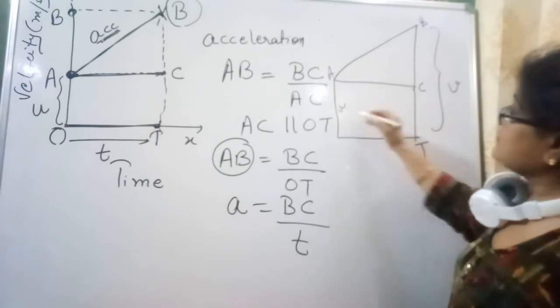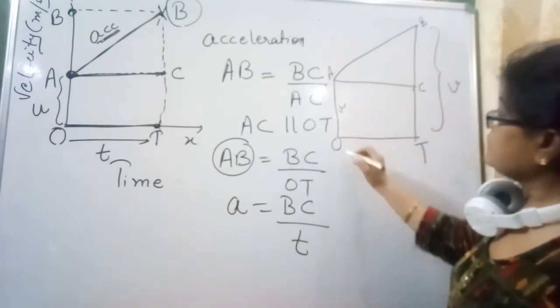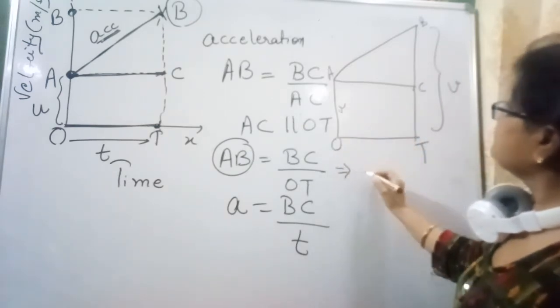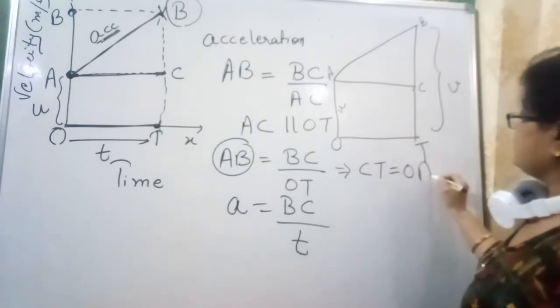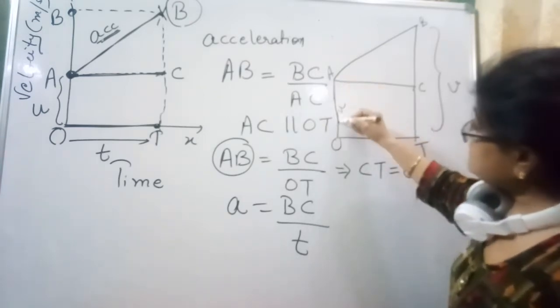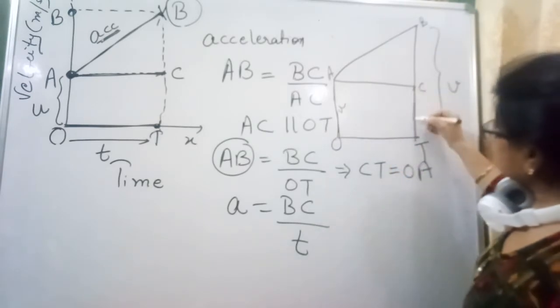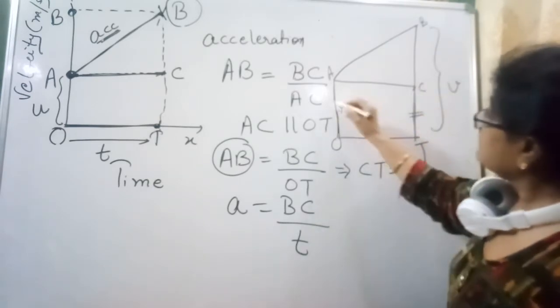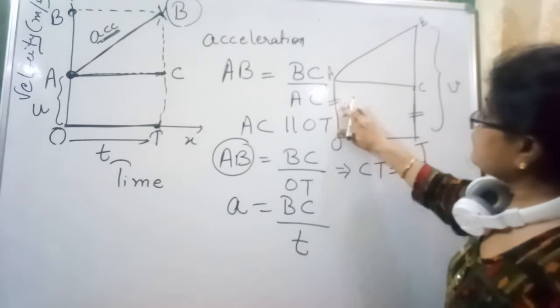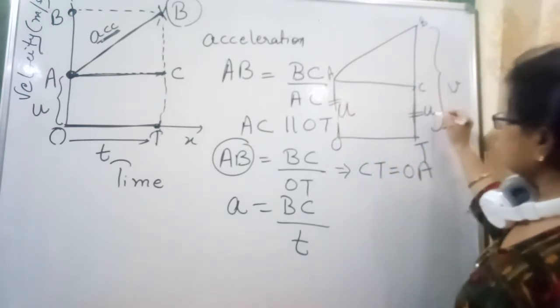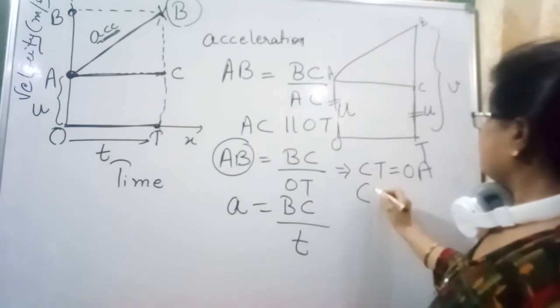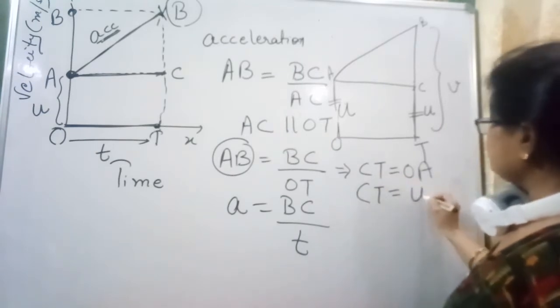And CT is equal to OA. See, this line is equal to this line. And the value of OA is U, so the value of CT is also U. That is, CT is equal to U.